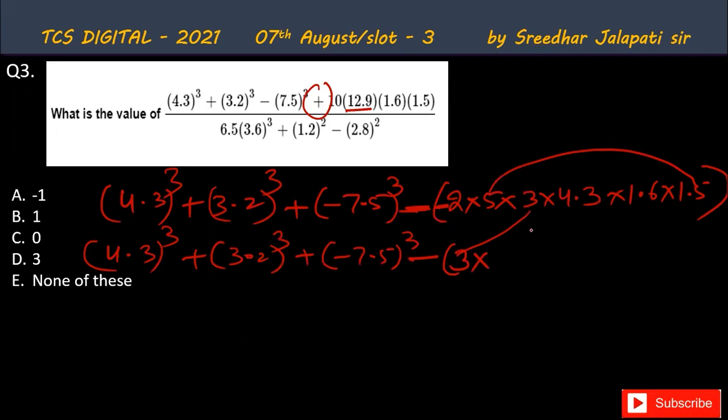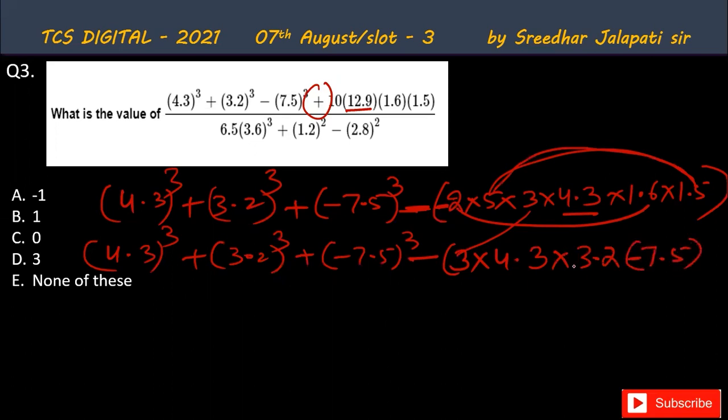And by the way, this 4.3 I'm writing as it is, 4.3. 2 into 1.6 is 3.2, and 5 into 1.5 is 7.5, and that is minus. Because now minus into minus becomes plus, right? So now this is something like 3abc. So this is all like a cube plus b cube plus c cube minus 3abc.